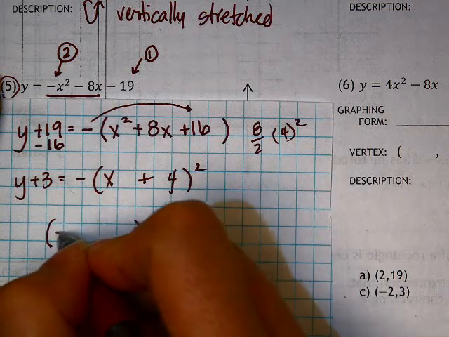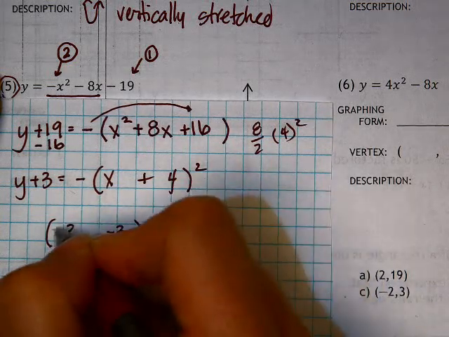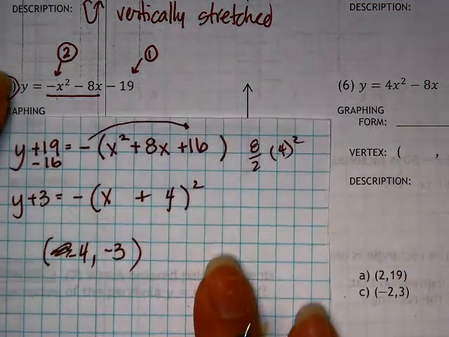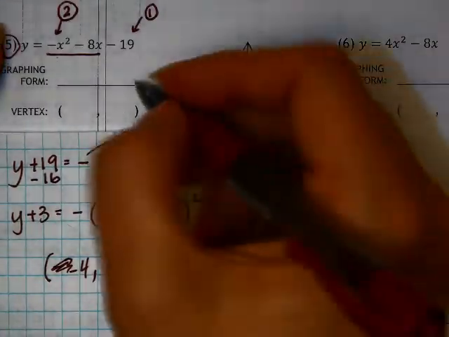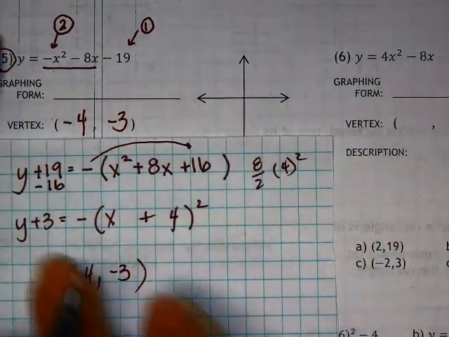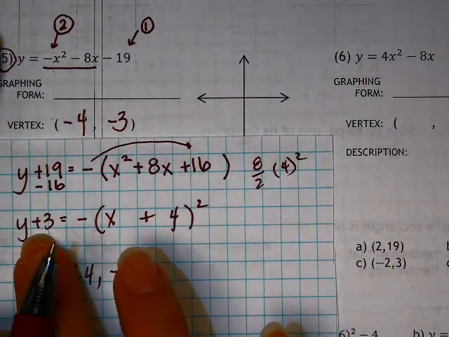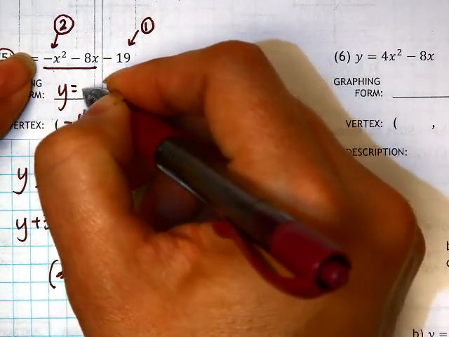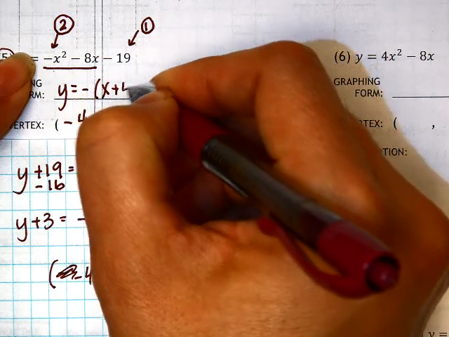Our vertex would be negative 3 over there, and negative 4 there. That's icky. Let me fix it here. Negative 4, negative 3. There we go. And you can leave it in this format here. Again, we took the opposite and opposite. Or if you would prefer, we could put it over there again.